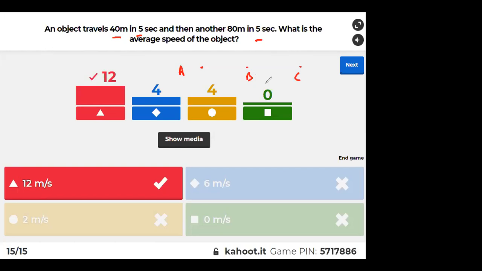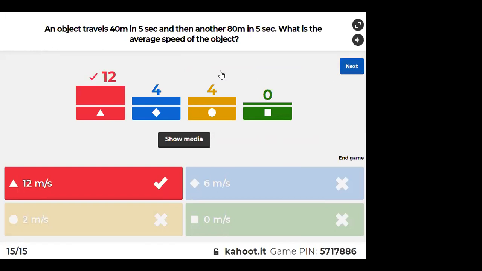Simple formula: total distance by total time. So this is 40 plus 80, 120 by 10. Easy, 20 meter per second. Okay, got it? How can you make this mistake? Think about how you made this mistake. What is the mistake that you did?